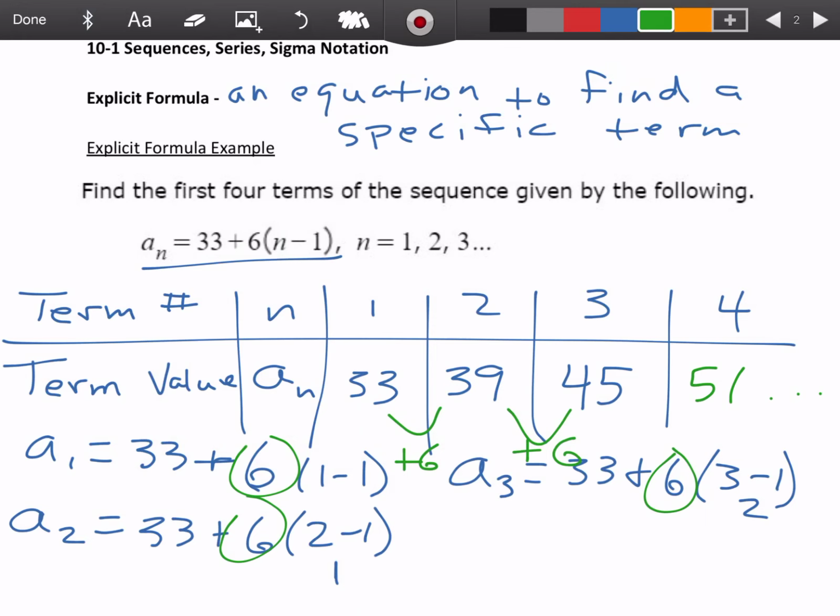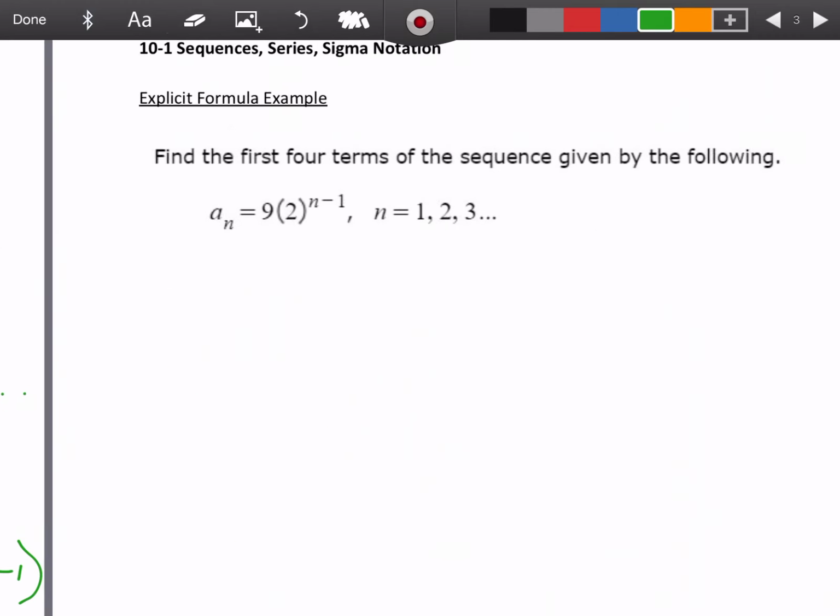So let's say you're using this for a different model, maybe a financial model, obviously wouldn't be using these numbers, but let's say you need to know how much money there's going to be 30 weeks or 30 months down the road. You could go a of 30 and just plug the 30 in, which is a nice equation to use. So you can use it to find any term in the sequence that you would like.